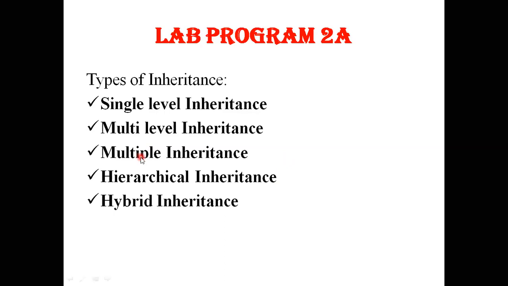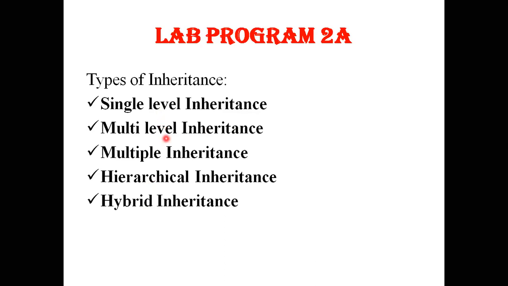Multiple inheritance is one wherein a child class will have multiple base classes. Hierarchical inheritance is one wherein you have one base class and multiple derived classes. Hybrid inheritance is a combination of all the above four types of inheritance. To recap: single, one base class and one derived class.